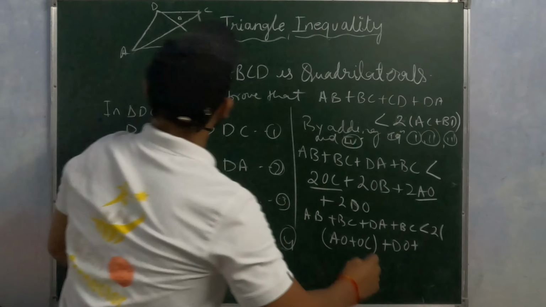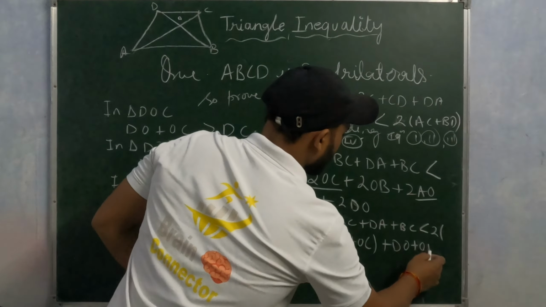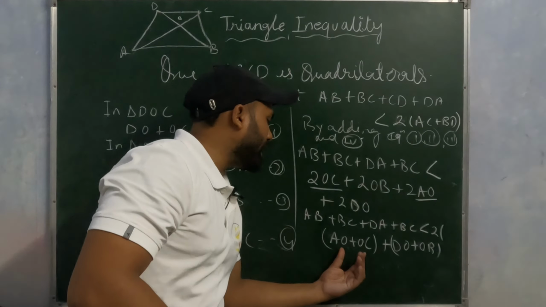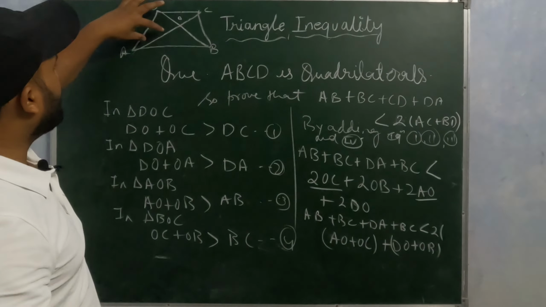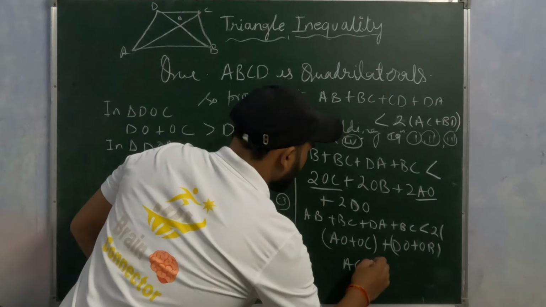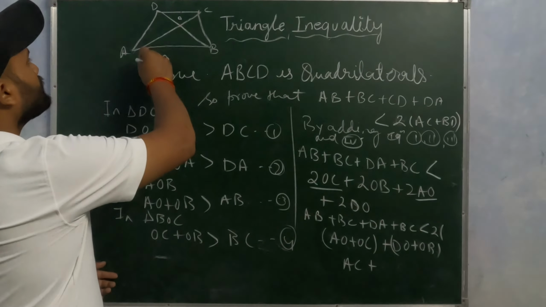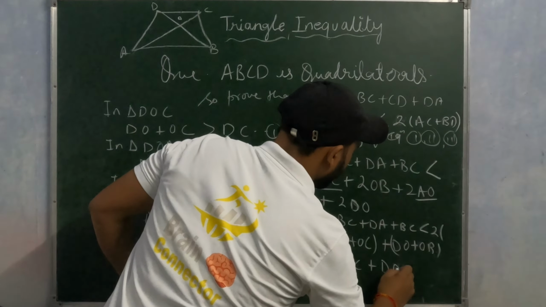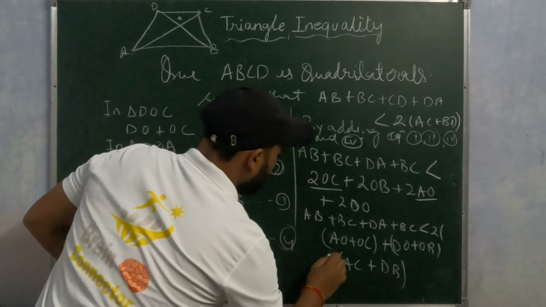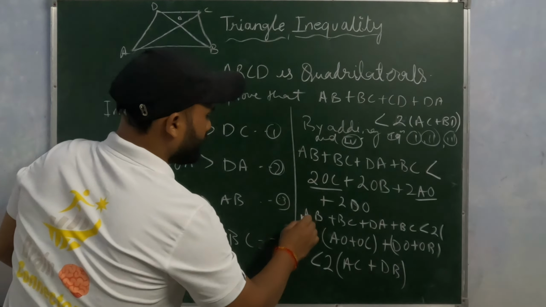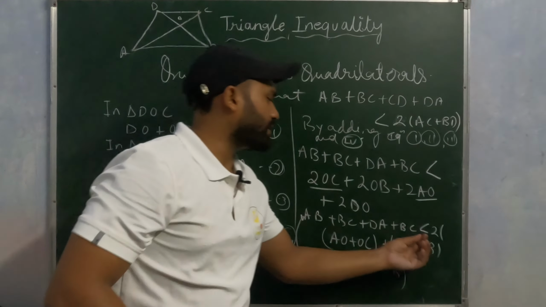And when you write it, you will find AO plus OC is equal to AC, plus DO plus OB is equal to DB, and which is greater than AB plus BC plus DC plus DA.